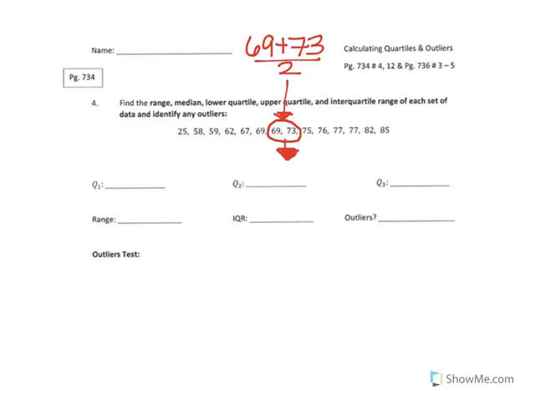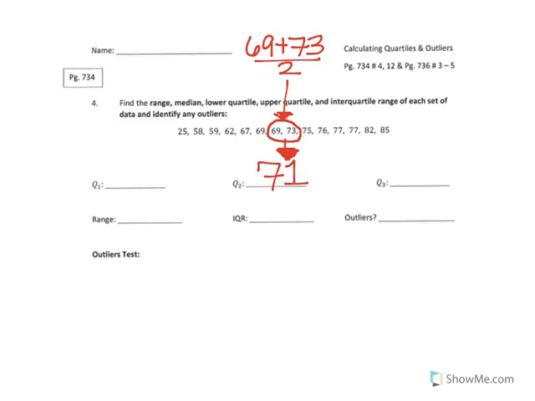As a result, you should get that quartile 2 is 71. That is also known as your median. So your middle number is 71.